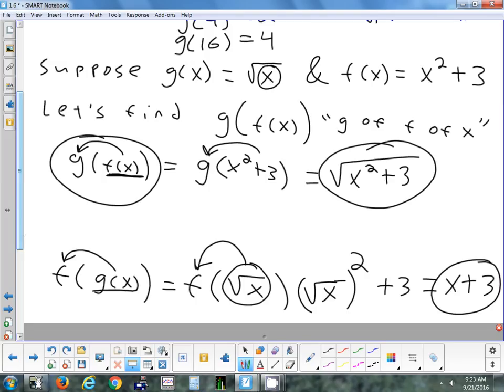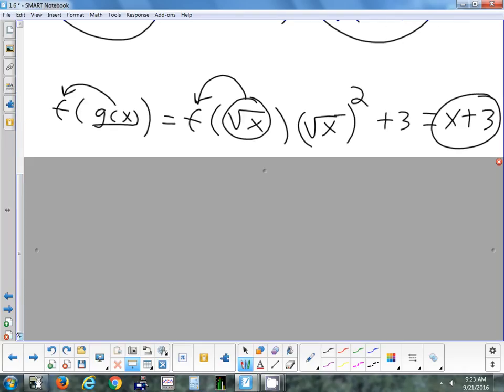Now, what gets a little tricky is finding the domain of a composition. If I take everything else off the screen, and all you do is look at x plus 3, you show that to somebody and say, what numbers are you allowed to add 3 to? Anything. You can add 3 to any number. But the problem is this was not an x to start with. It came from a square root.